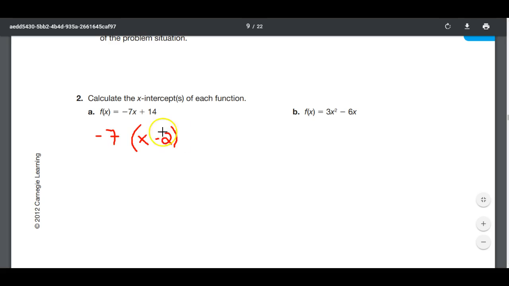So that's all that's left inside. So there's only going to be one 0, right? There's only going to be one thing that turns this function into 0, and that is when x is equal to +2. 2 minus 2 would make this 0, and 0 times that would be 0. So there's only one place it would be, when x is equal to +2. So that would be my x-intercept there.